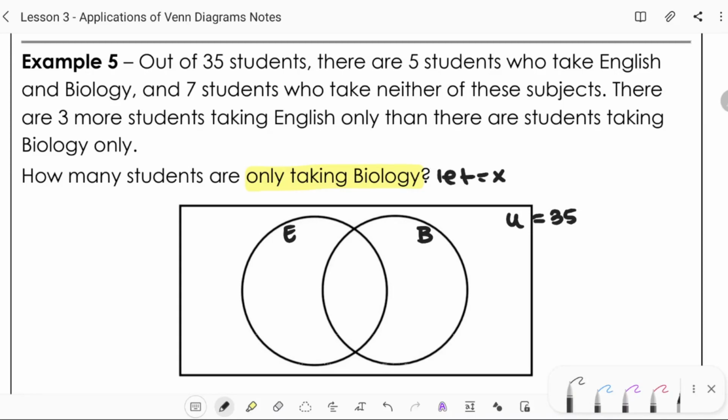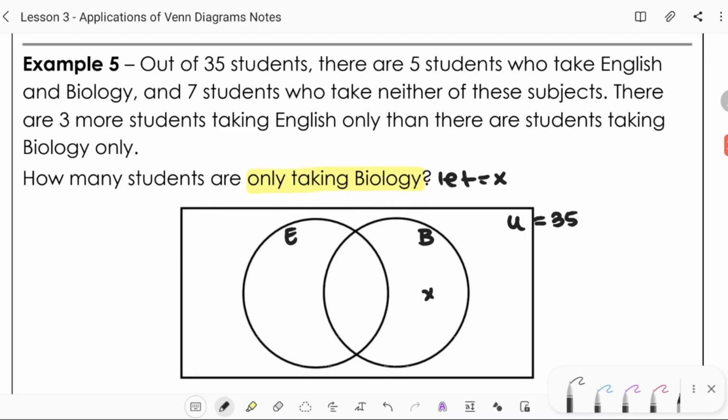Only students taking biology is X. They tell us some other things. Let's read through the question again. They tell us 35 students total. We've got that. There are 5 students who take English and biology. Great, we can fill that in.